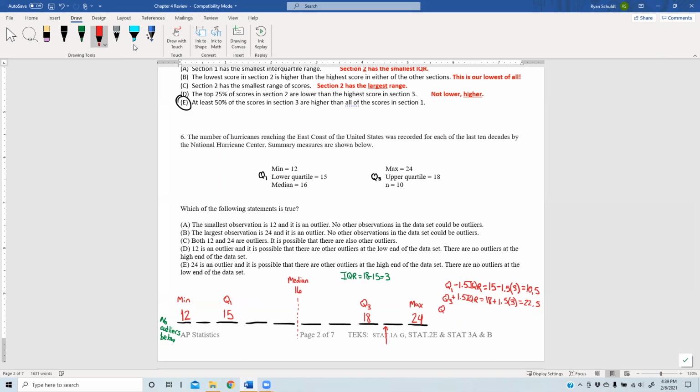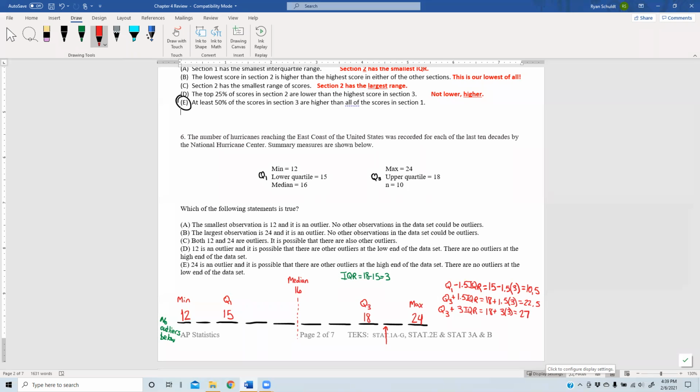Now let's do Q3 plus, let's go even bigger than just that one. So plus 3 IQR. That's going to be 18 plus 3 times 3, which is 27.